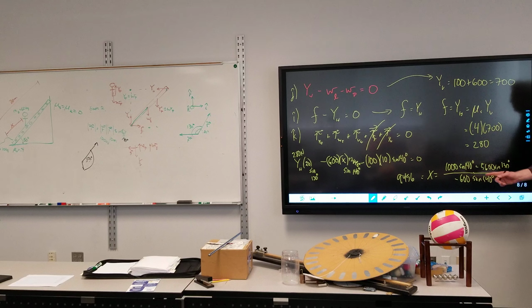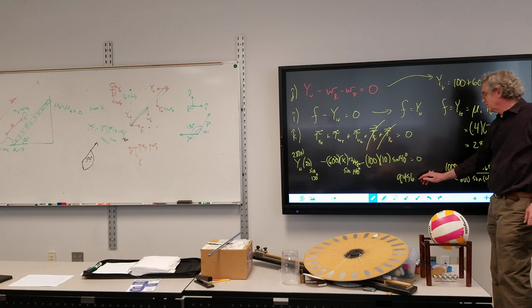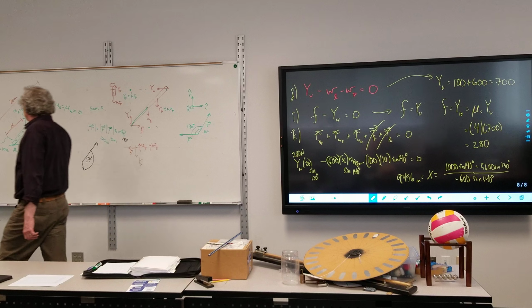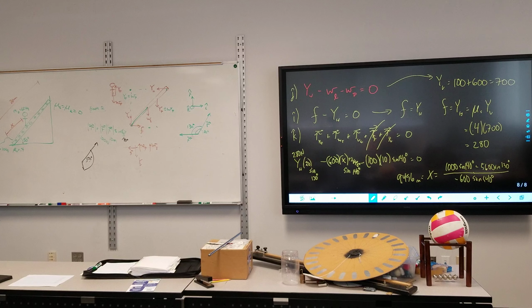All right. Units? So this tells me, or tells us, I hope, that just before he gets to the halfway point, that ladder's gonna slip.